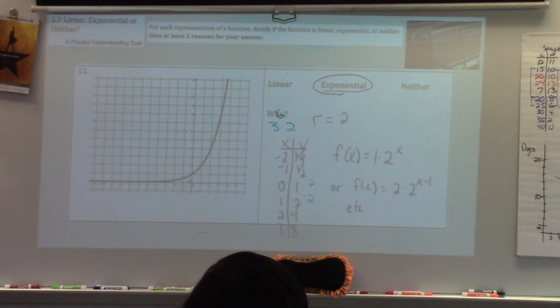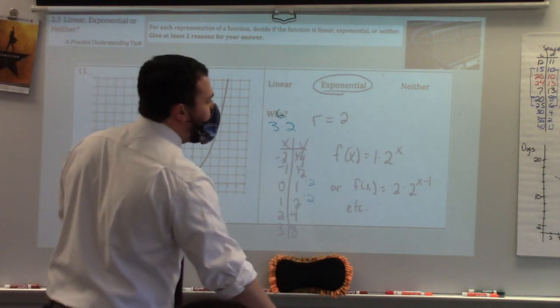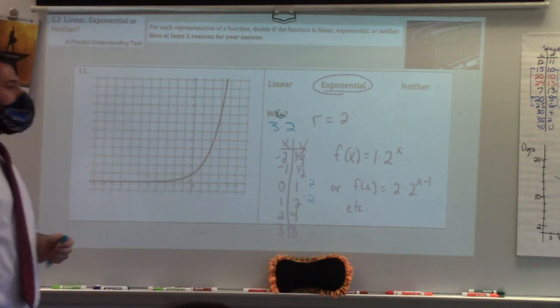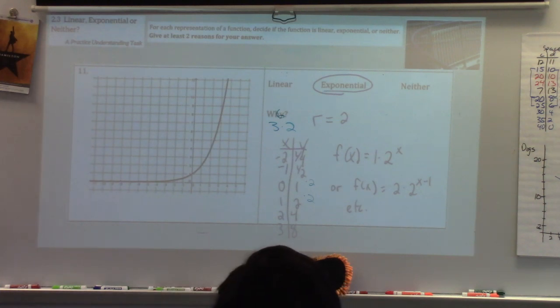We have repeated factors there, and we want to pay attention to that. And also, when I look at the algebraic representation, what is in the exponent that makes it exponential and not a quadratic or something like that? The variable is in the exponent, right? It's not just that we have an exponent, it's that the variable is in the exponent.